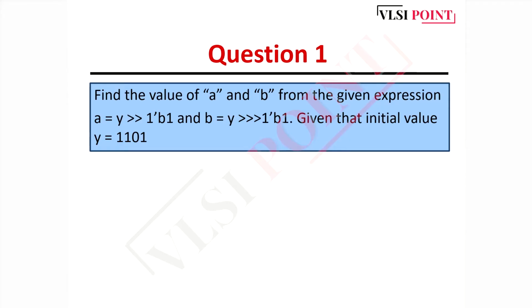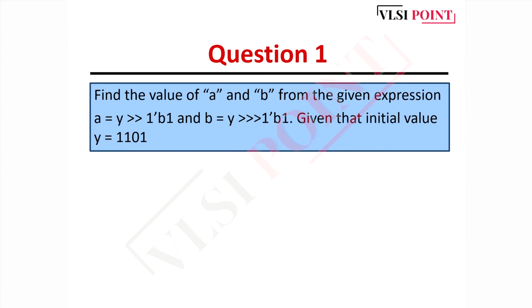So question 1 is find the value of A and B from the given expression. Here A is 1 bit right shift of Y and B is 1 bit right shift of Y. But the difference is in the first case there is a logical right shift operator.